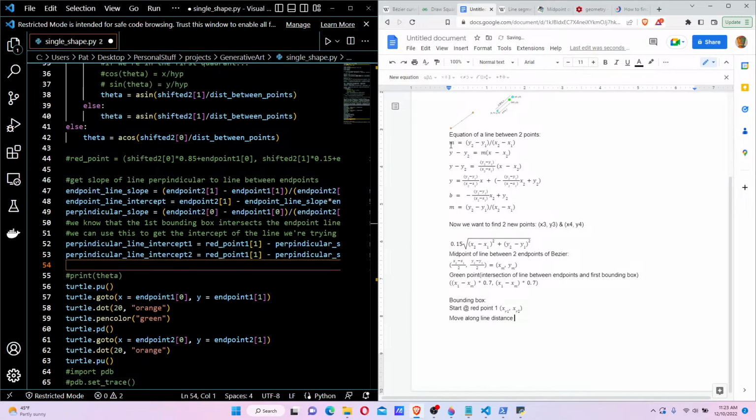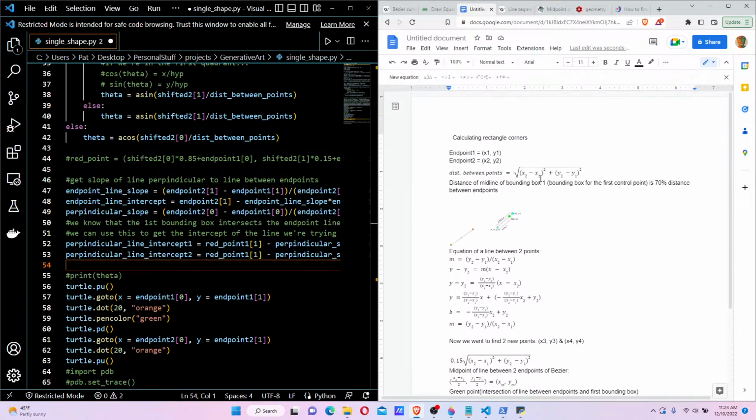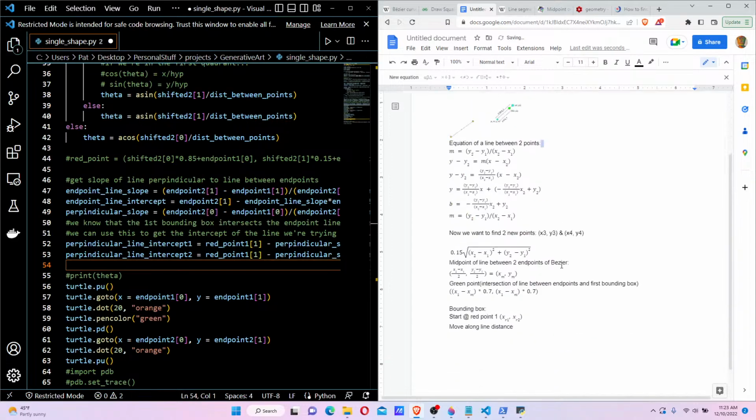Now that should also be 0.7 the initial distance. So equation of line between two points, distance between points. I'm just going to call this value d1 so I can refer to it easier.